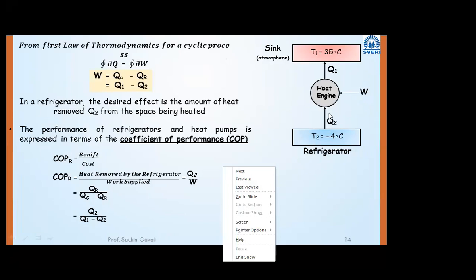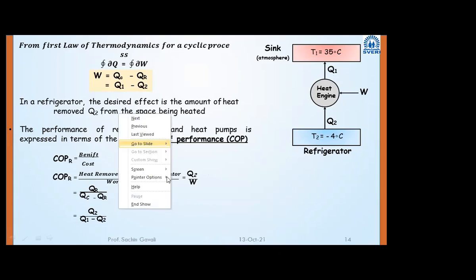Q2 एवढी. ओके, आणि त्याचं इनपुट काय आहे? ओके, इनपुट काय? W. So output divided by input. Output काय? How much amount of heat is taken? Okay, from that space, कमी टेम्परेचर स्पेस मधून, आणि वर्क ऍज ए इनपुट, Q2 upon W. Therefore it will be what? Q2 upon W.